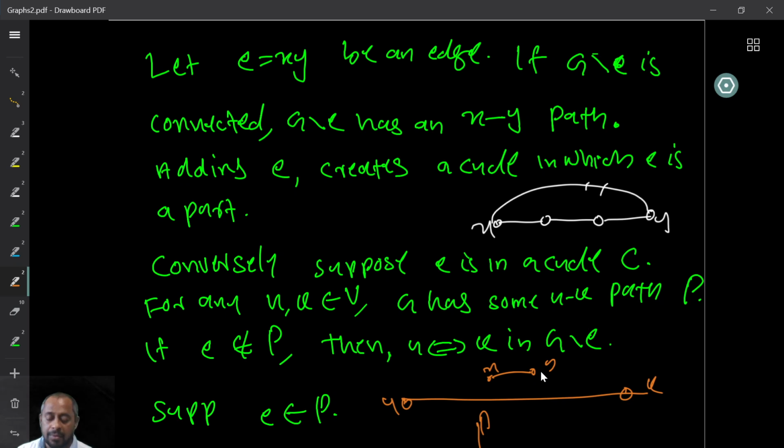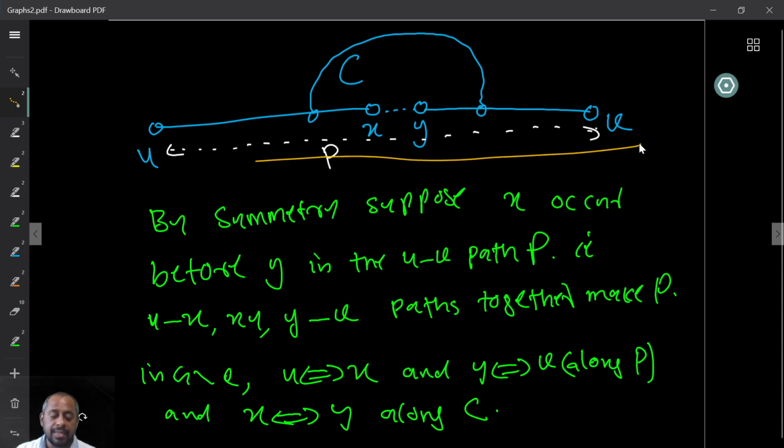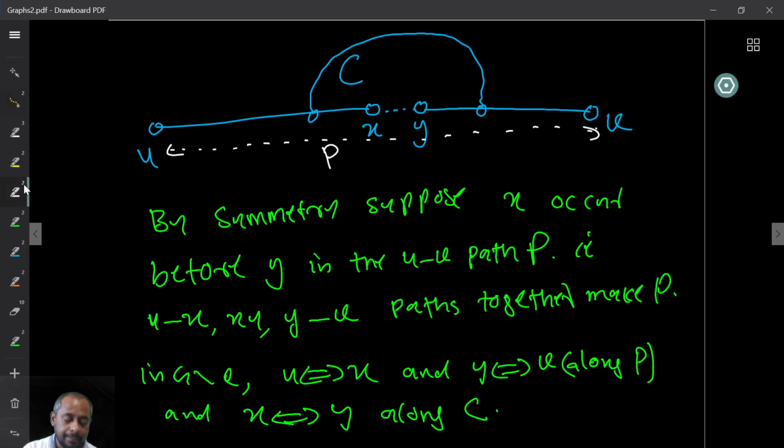Then deleting E is not going to destroy the interconnection between U and V, because the UV path does not contain the edge E. So therefore, we will assume that E is actually part of the path P. So let us consider these arbitrary vertices U and V, and then we look at the path P in which the edge E is a part. Okay, so this is the edge E, E is equal to xy.